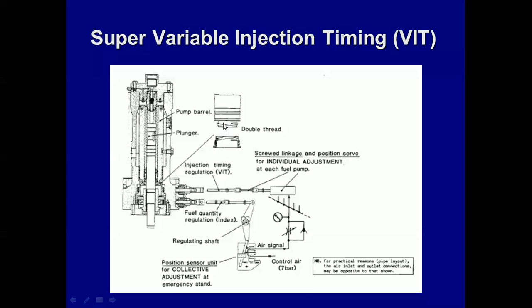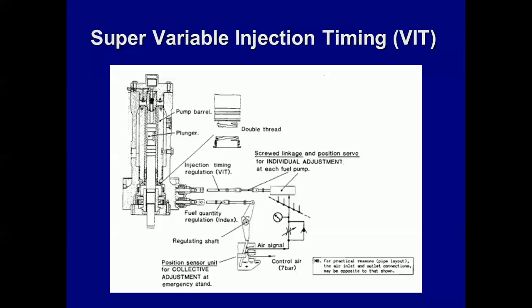In real life, that upper rack, the bottom of the barrel is threaded, and we've talked about this before. So physically, when this pneumatic cylinder moves that rack, that cylinder will move physically up and down in the high pressure pump body, which changes the height of the spill ports, and that will change the timing.